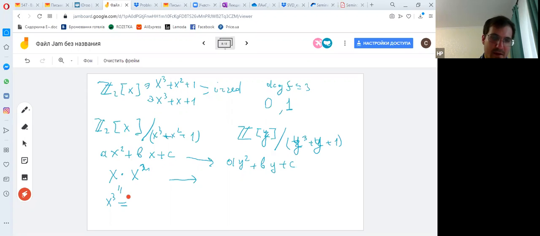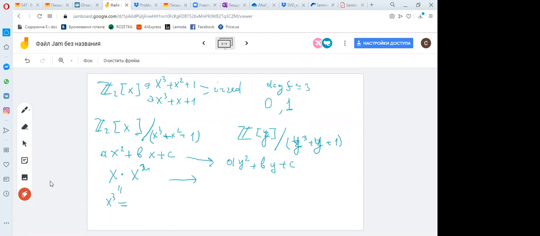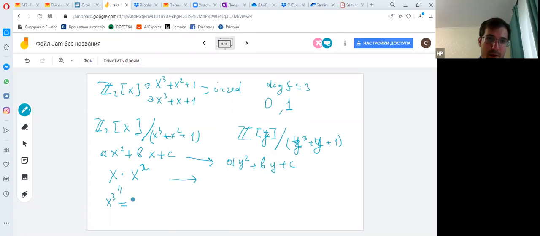This is a very simple question. The remainder is x squared plus 1.